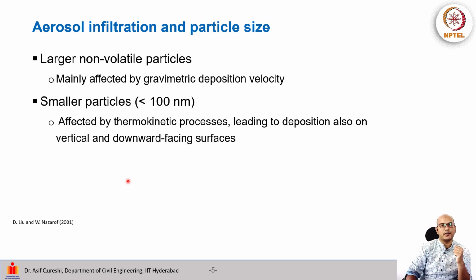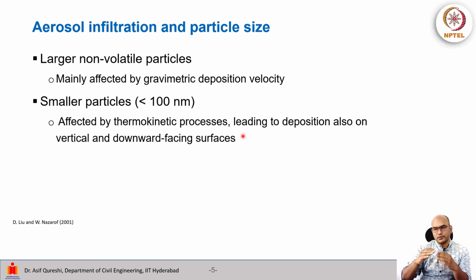Once inside, these larger non-volatile particles will be influenced by gravimetric deposition, but the smaller ones will also be affected by thermokinetic, so temperature driven processes, which means the deposition is not only downwards but also sideways and upwards.